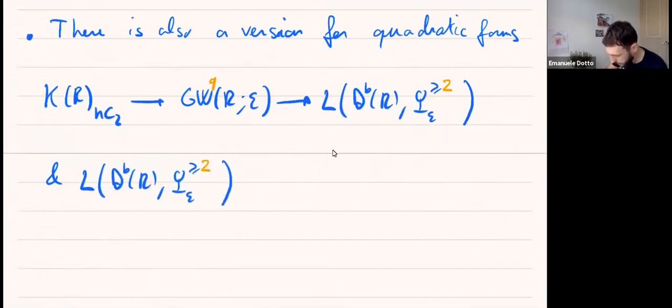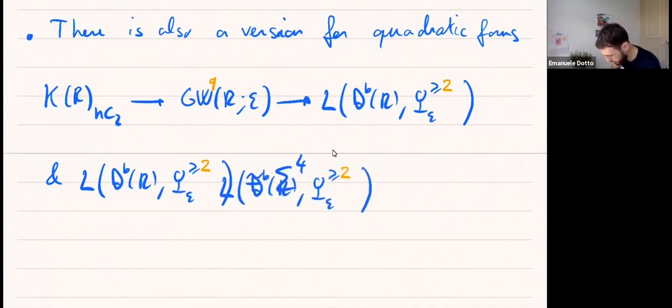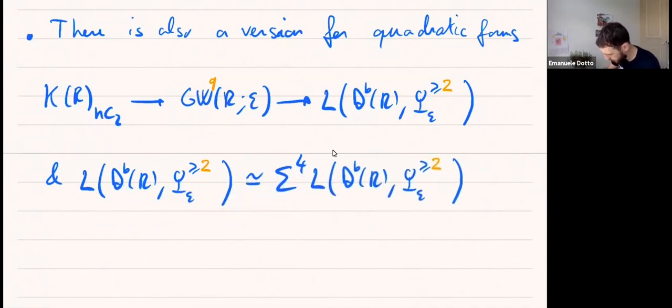This cofiber is a fourfold shift of the old one, of the symmetric one, the one we got for the symmetric case. And this is kind of surprising to me. So there is a fiber sequence for quadratic forms, and the cofiber, up to a shift, is again the same as the cofiber we had before.